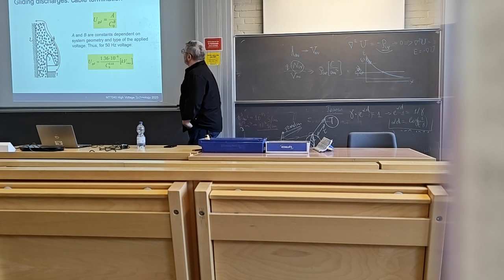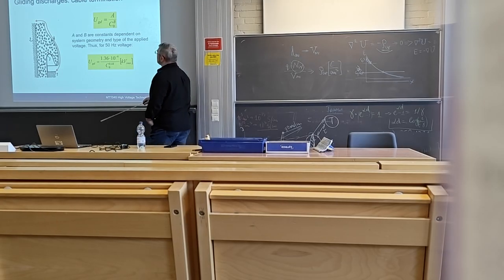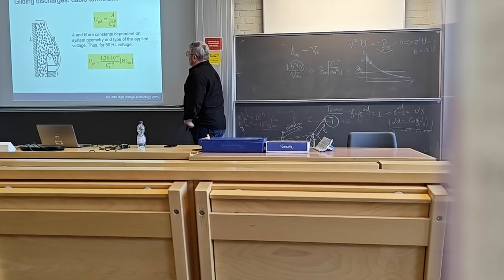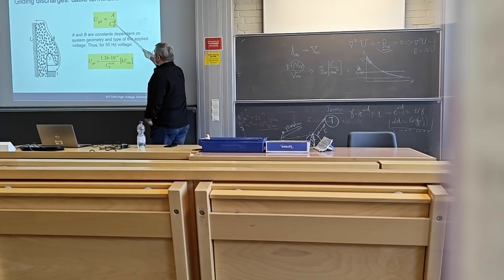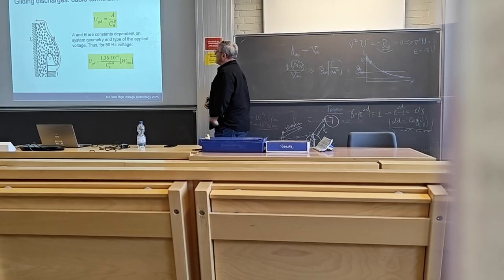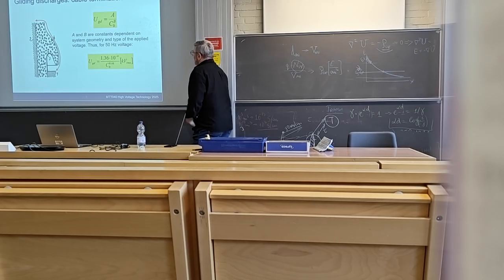So that's how people usually use these formulas to evaluate the voltages corresponding to the initiation of gliding discharges. So this is geometrical capacitance, and B usually the constants we just apply for different types of terminations and different types of shapes and so on.